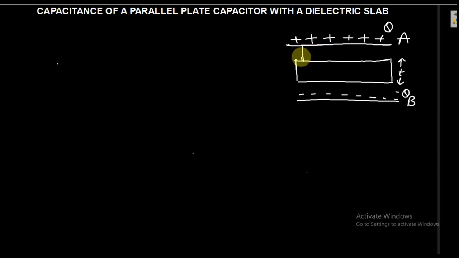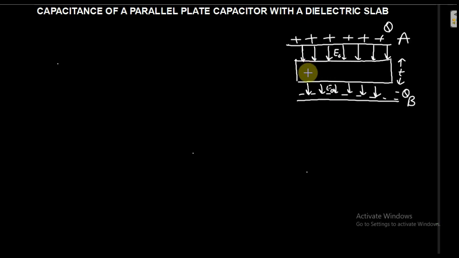Because of this positive and negative charge, a field will be generated, which we call the external field due to the positive and negative plates of the capacitor. Let us give a name to the field. The name of the field is E naught.